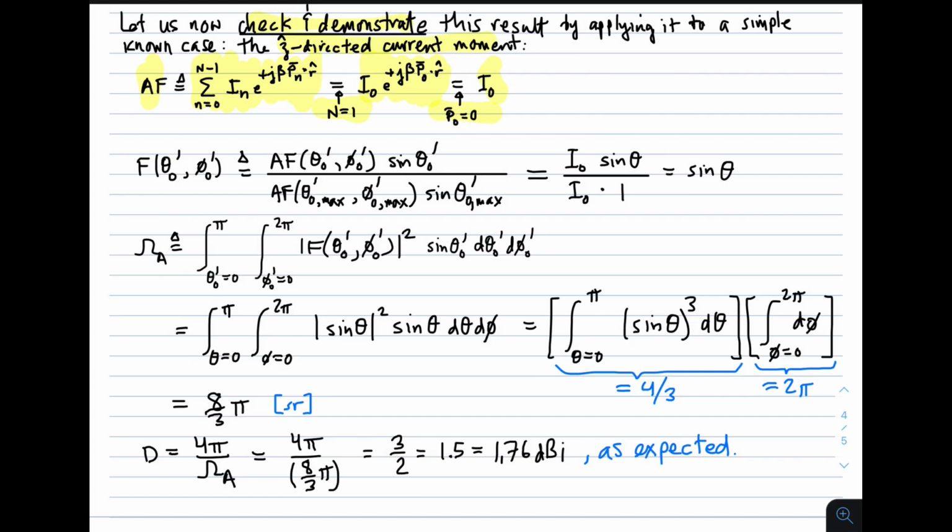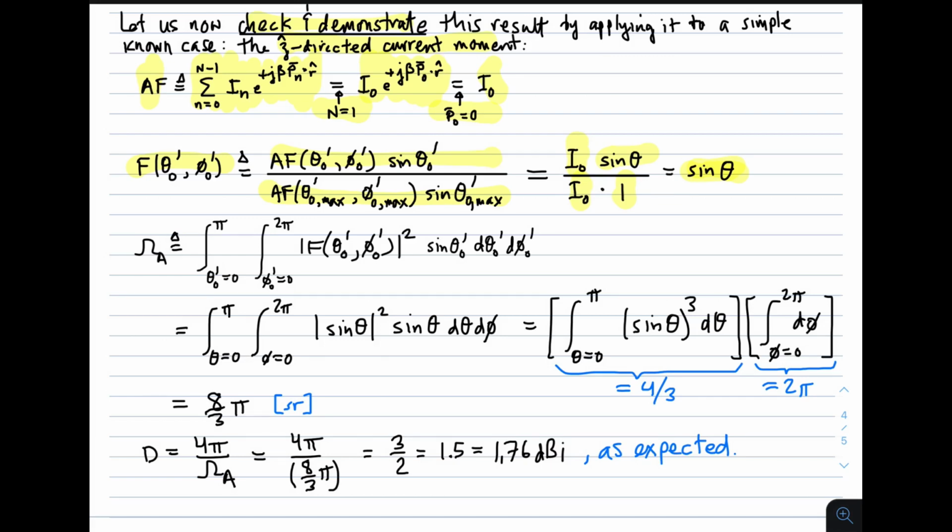And in this case, the normalized pattern function, which in general is defined to be this thing, just reduces to I₀ times sin θ in the numerator, and I₀ times 1 in the denominator, which is simply sin θ, which makes sense. The normalized pattern function is simply sin θ, and we already know that to be true for the z-directed current moment.